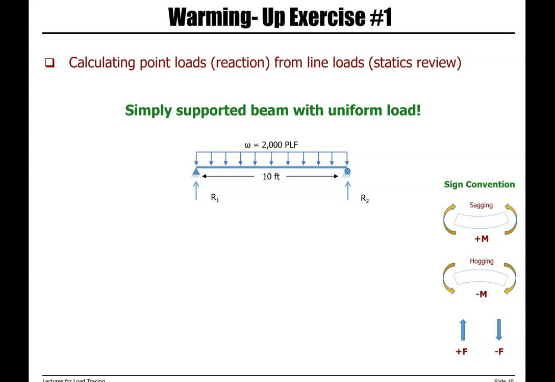So we have a simply supported beam with uniform load. We have a beam, simply supported at the ends, and a uniform load of 2000 PLF. PLF is pound per linear foot.